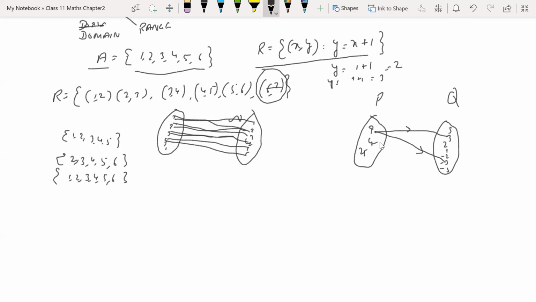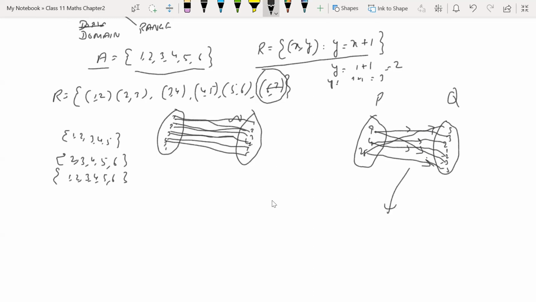Nine, 4 is 2, and 25 is 5. How will we write this in the set builder form?